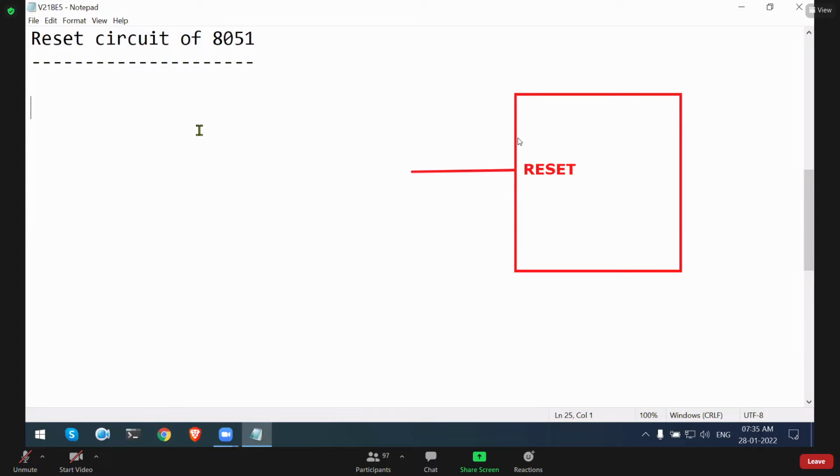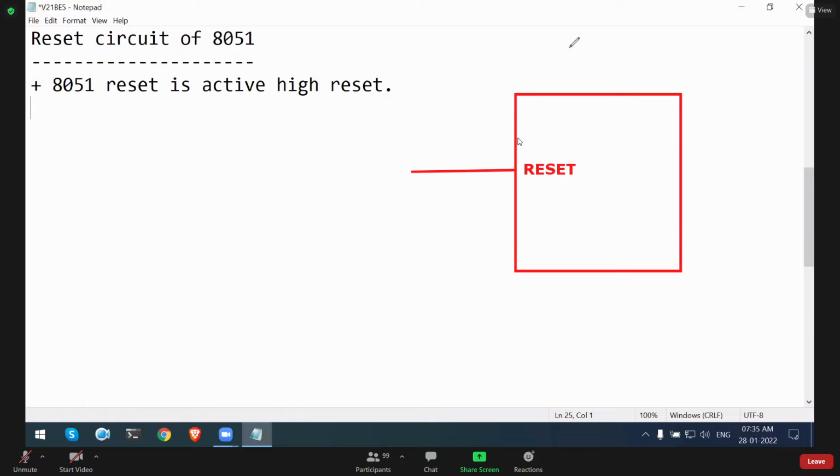So the reset circuit. The first point to remember is that the 8051 reset is an active high reset.